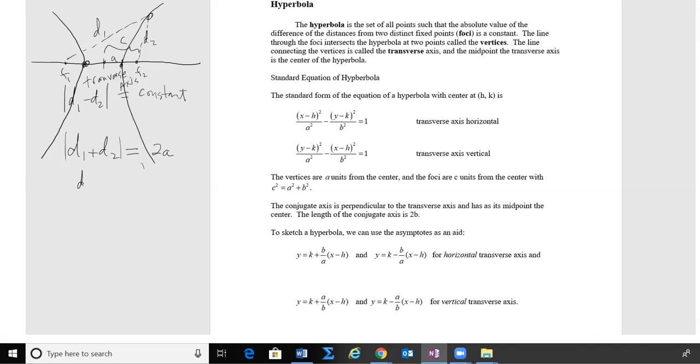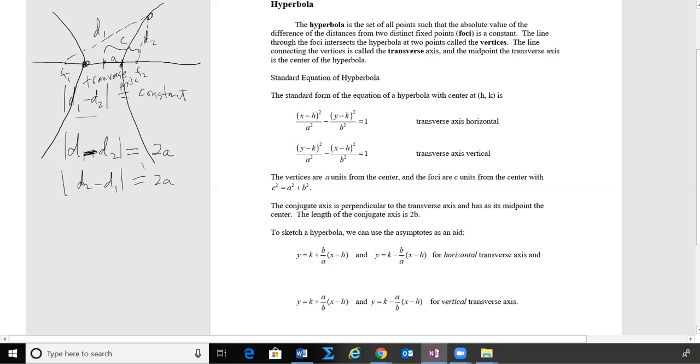Sorry, that's not right. It is the D1 minus D2. I don't know what I was thinking. Okay, so as I said, that's a minus in there. It can also be D2 minus D1 like that. It's also equal to the 2A.